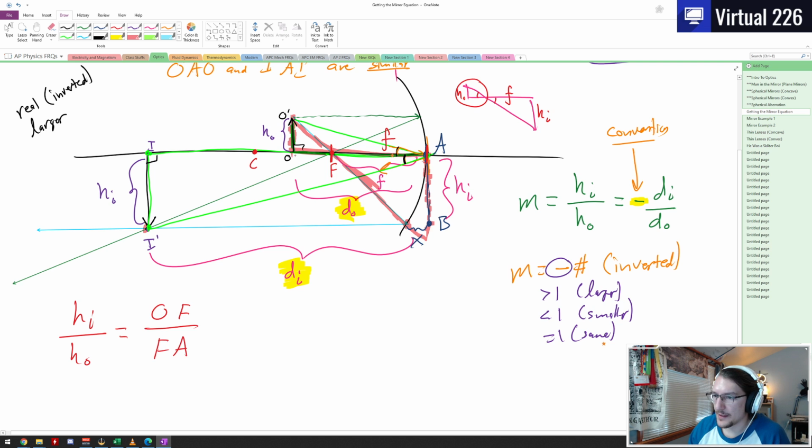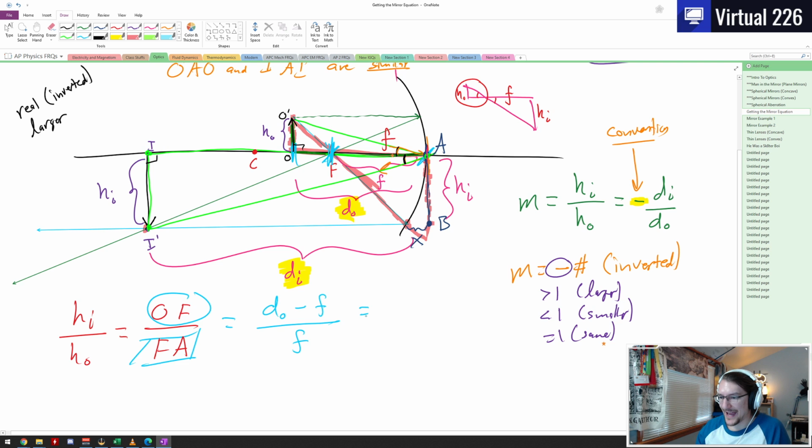So if we go from the object to the focal point, that's up here, and then the focal point to A, that's down here. Well, this is really saying that this is the distance of the object minus the focal length over the focal length.